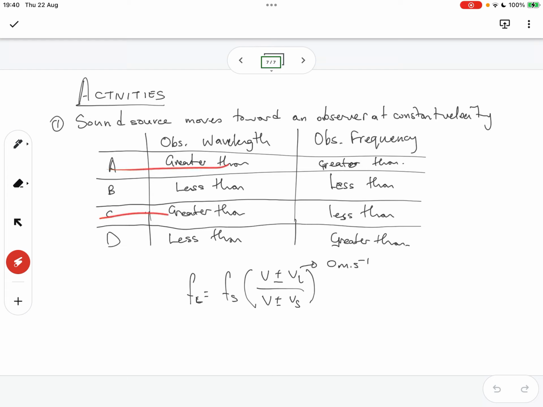Okay, so in other words, options A and D fall off. Because there's no way that the wavelengths in front of the source could be greater. There isn't any way that that's possible. So then we're left with just options B and D.